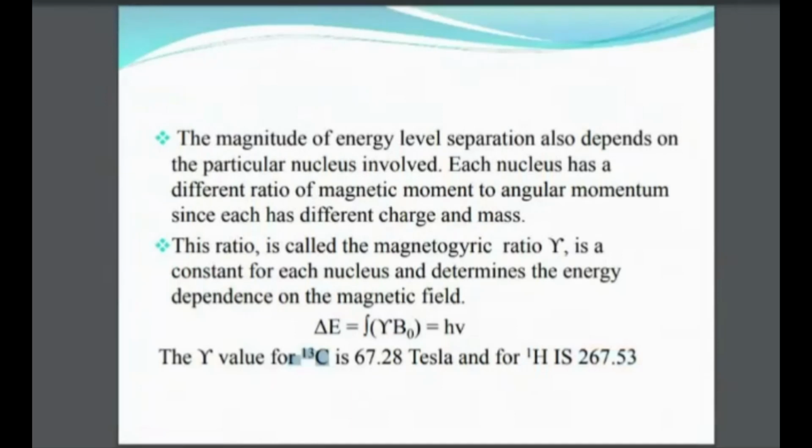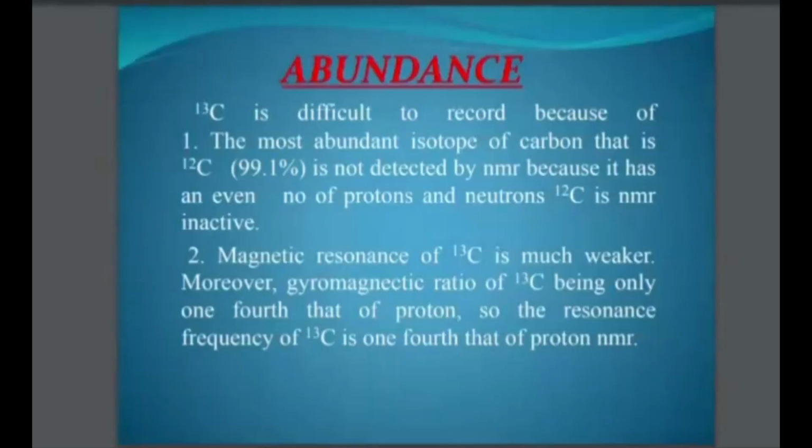Now let's talk about the abundance of C13. In that video, that fellow said that C13 is very rare. How rare is it? Out of 100 atoms of carbon, only one atom is C13. The rest, 99 atoms, are C12. Now, why are we only considering C13?